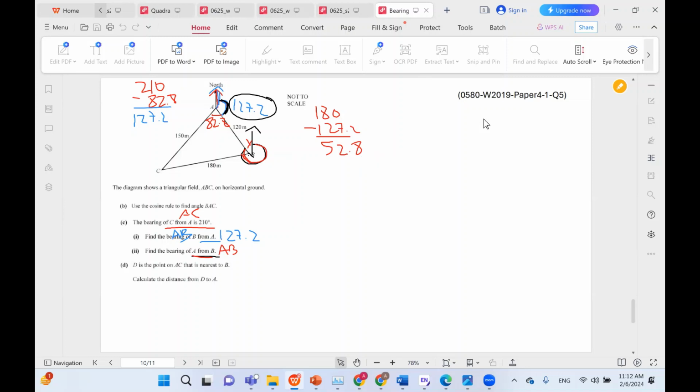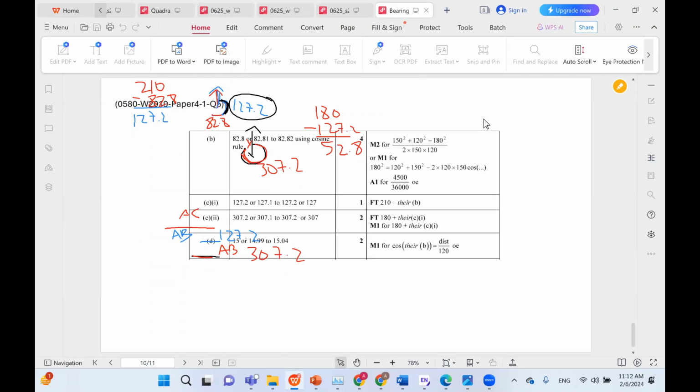And we get 307.2. So the bearing is 307.2. Let's check the marking scheme to make sure we are on track. So 127.2 and 307.2 are the correct answers.